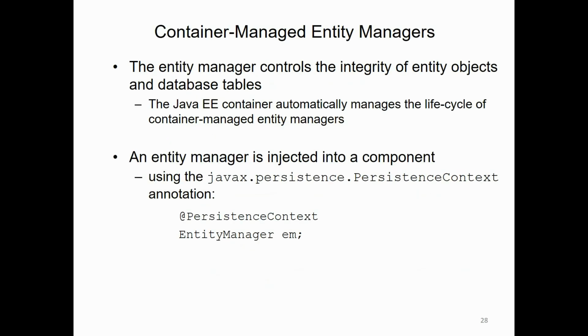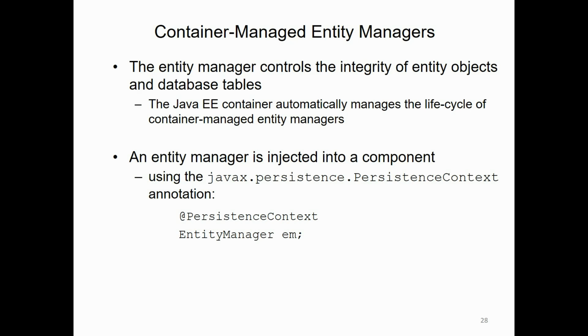Now, I mentioned that we're using container managed transactions. We're also using container managed entity managers. And all that means is that we will let the container decide when to create instances of the entity manager class. Typically, it will decide to instantiate one of these instances when it encounters an annotation that will cause some dependency injection to occur.